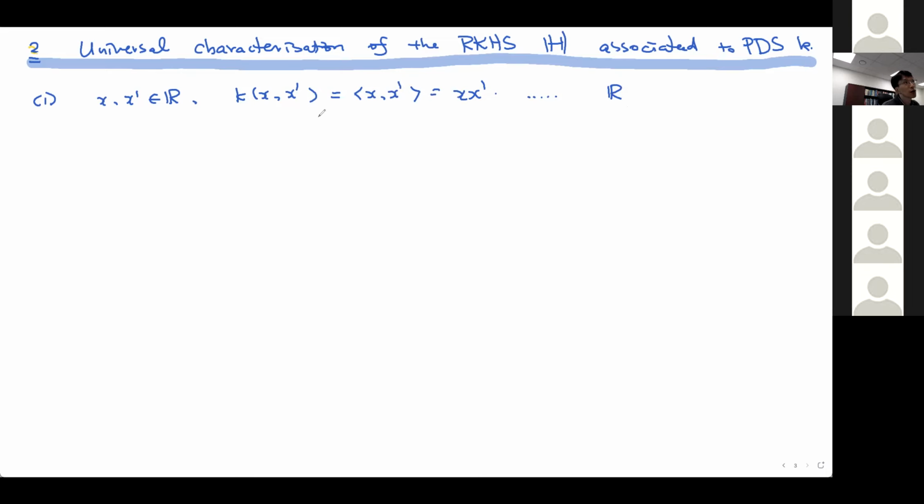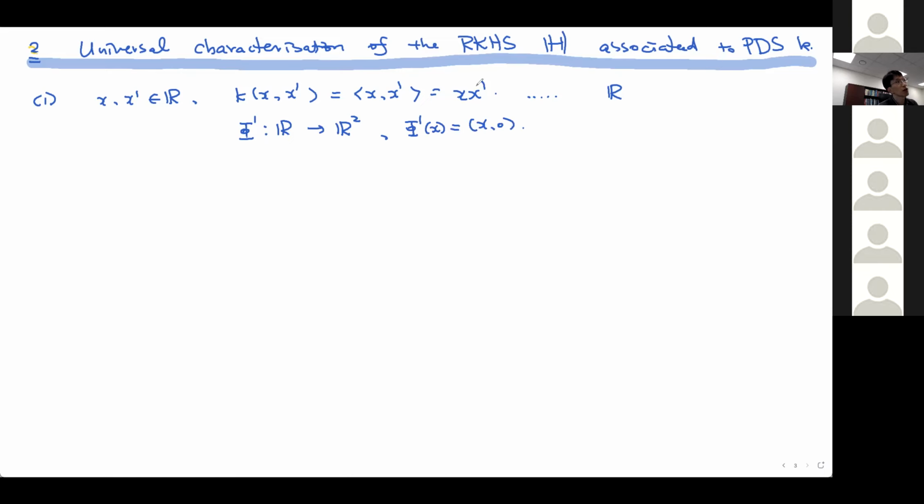But there is another way to express this K in terms of a feature map followed by an inner product. The other approach is to think about Φ prime, which maps a real number to a point in two-dimensional space, but all these points will lie on the x-axis. How is it defined? It's going to be (x, 0).